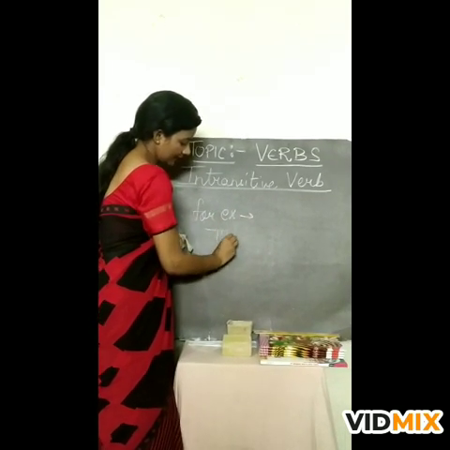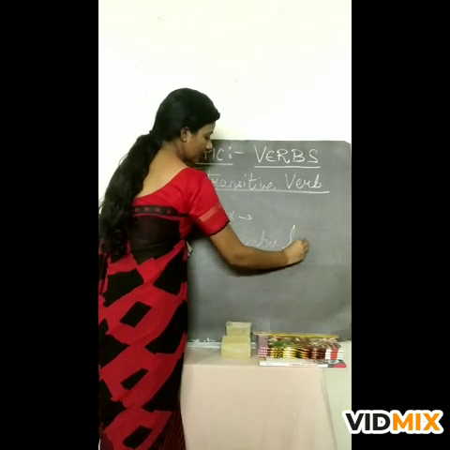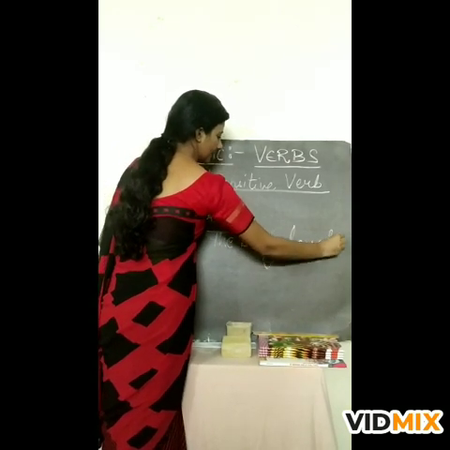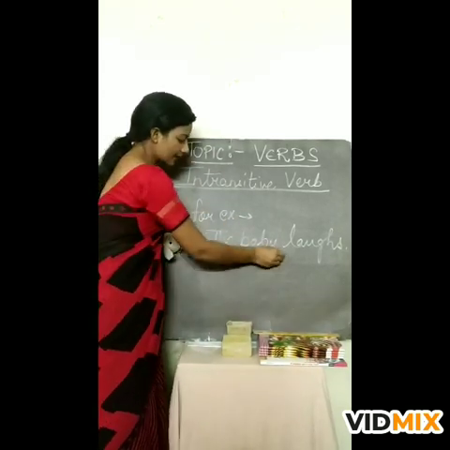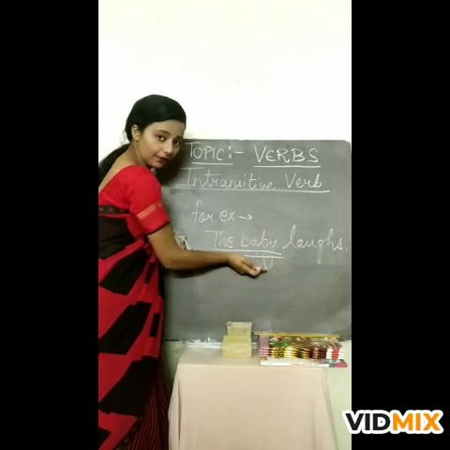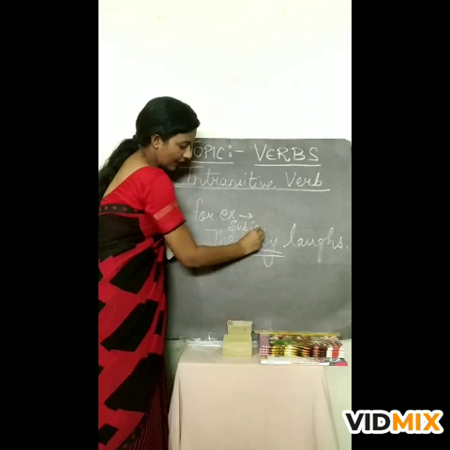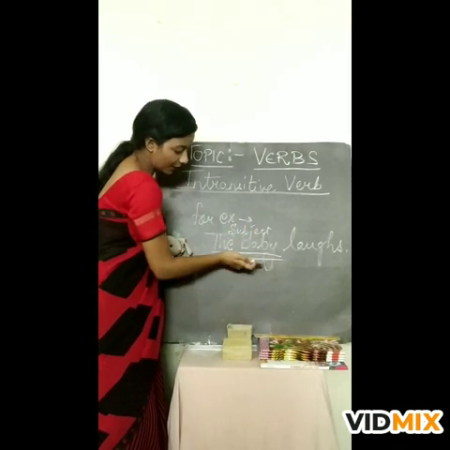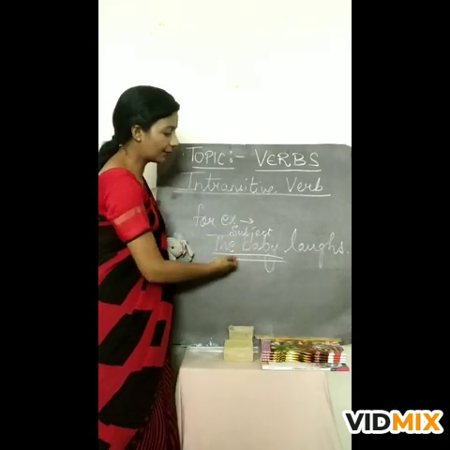The baby laughs. Now students, in this sentence the subject is the baby, the doer of the sentence is the baby, so it will be the subject. And what is the particular subject doing, what is the action of the baby?